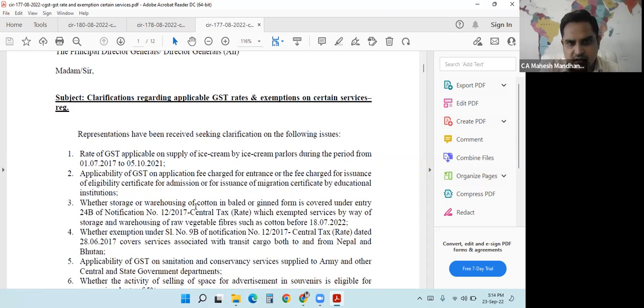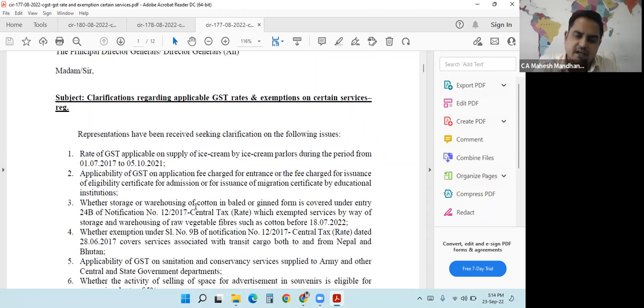Now, this particular clarification by the CBIC has a long legal history, a long jurisprudence. In October 21, the CBIC came out with circular number 164, in which two cases were considered as far as restaurant services or supply of food is concerned.